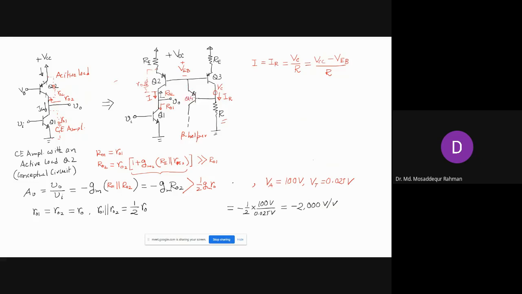That's our Q4. In this case, the base current will be flowing in this direction, IB and IB. So we need this again PNP transistor so that the total current flows in this direction.